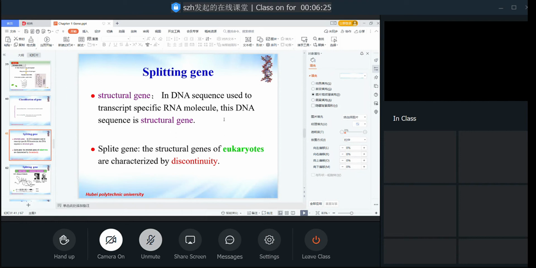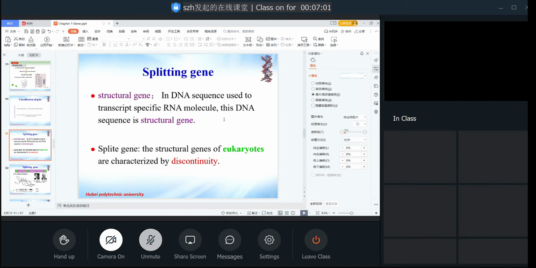So later in this chapter, we will study all kinds of regulatory sequences. Regulatory sequences are not transcribed; they only regulate the transcription of the relevant sequence. In fact, it's very easy.